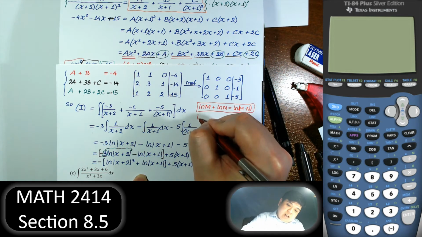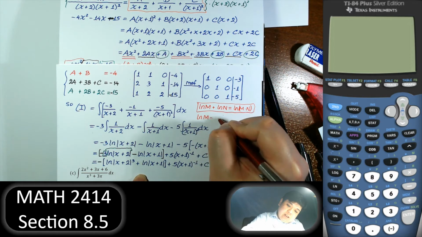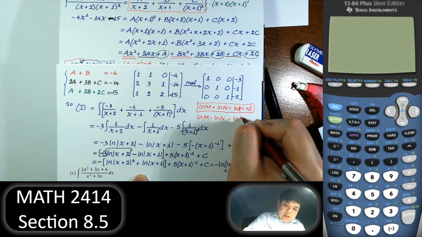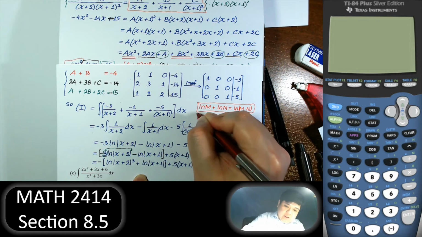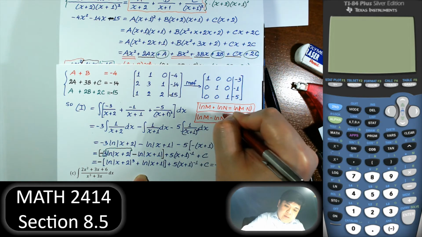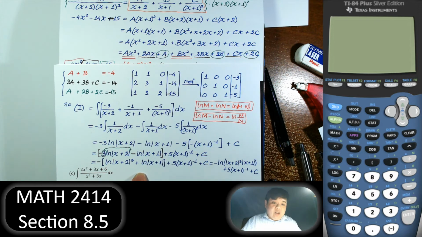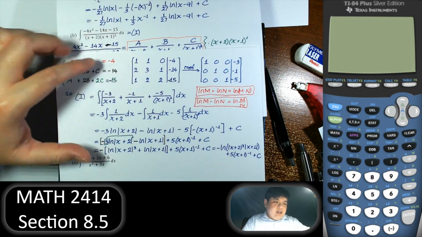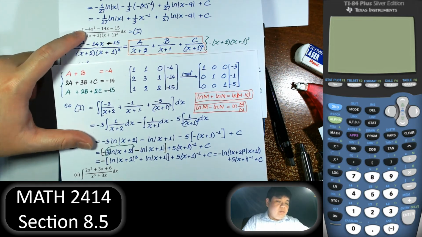Of course, if it is minus, it is going to be a quotient. So sometimes we see the answer written in this form when we combine the logs. Right. So the bottom line is decompose the fraction.